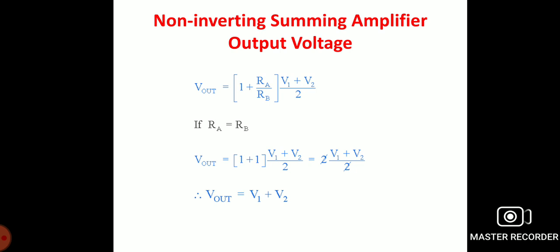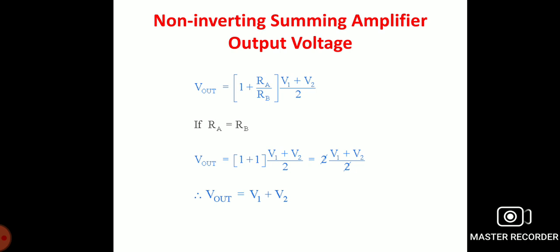Note also that if the amplifier of the summing circuit is connected as a unity follower with resistance RA equal to 0 and resistance RB equal to infinity, then we have unity voltage gain. The output voltage Vout will be exactly equal to the average value of all the input voltages, that is the output voltage is equal to (V1 plus V2) divided by 2.